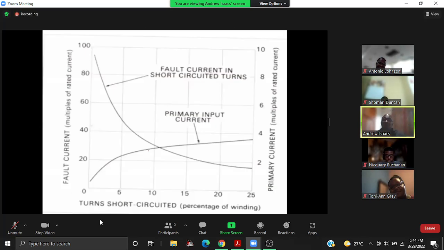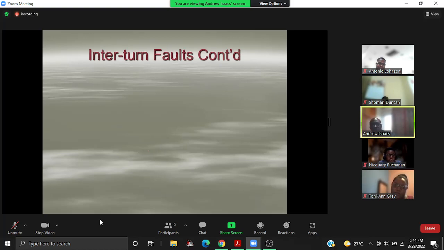So in terms of the relationship, again, I need to take these slides out because it's not something I expect you to consider. So let's talk about interturn faults. All right? And these now are those faults.